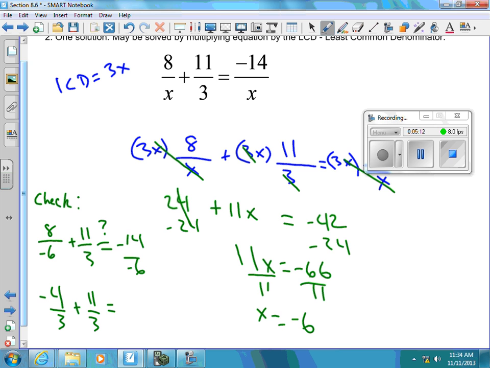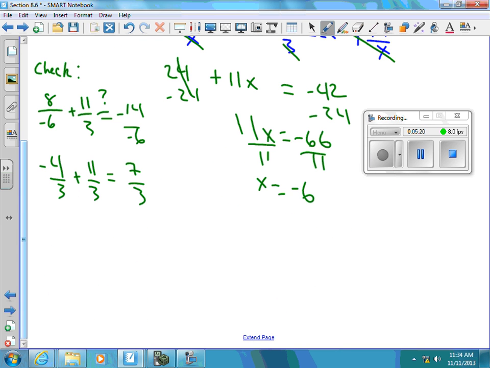And negative 14 over negative 6 is just going to be positive 7 over 3. Negative 4 thirds plus 11 thirds is 7 thirds. Both sides equal each other. It checks. So x equals negative 6 is our answer.